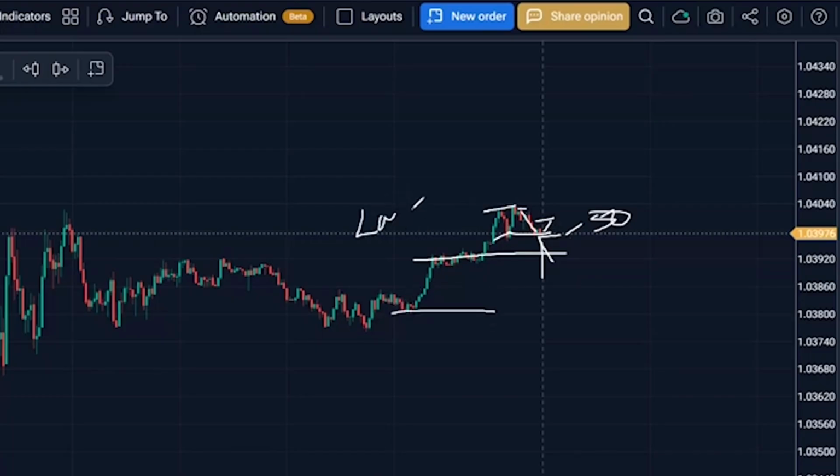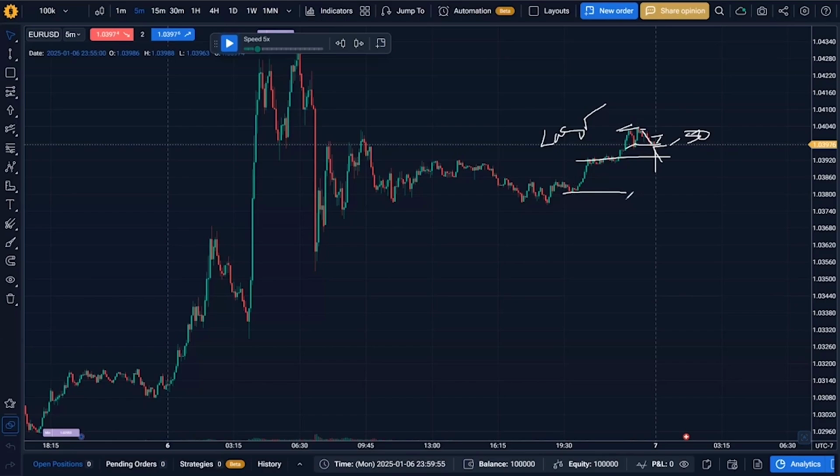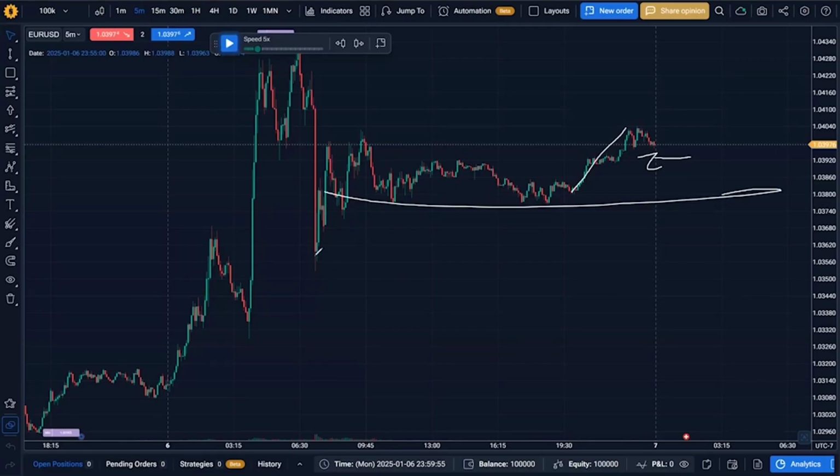This becomes the last move right here. You see that? Because there's no more data to the left, so this becomes the last move. If it breaks below here, then this becomes the last move, and it comes down to here, and you start fibbing this, and the 61 crosses that, so it's going to come down to here.